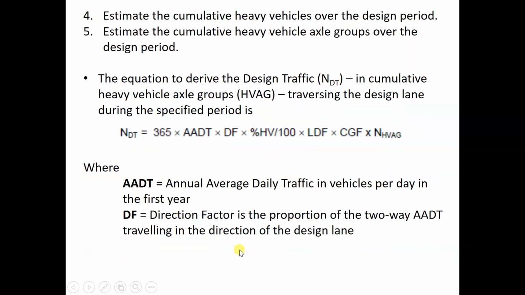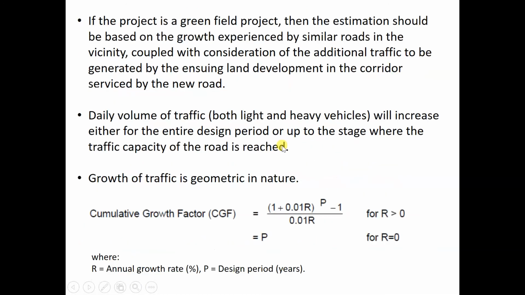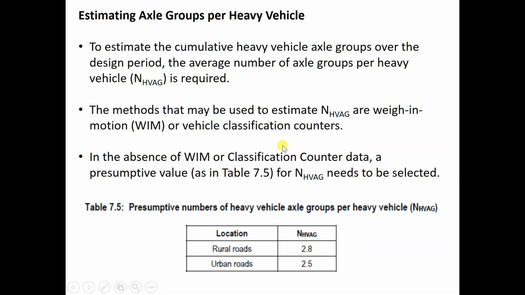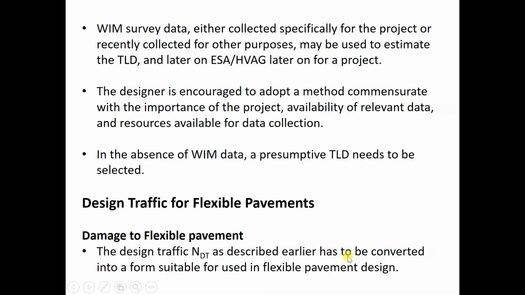You use this formula, and this equation will give us the unit HVAG, and the HVAG we can change to the ESA. So there's a conversion factor. We will have a look later on.